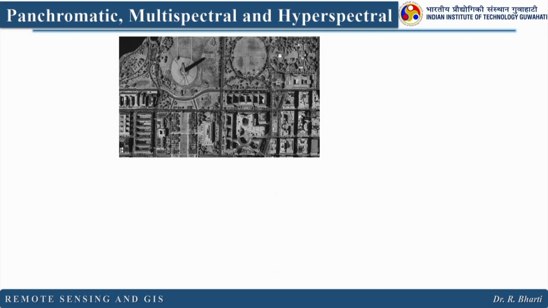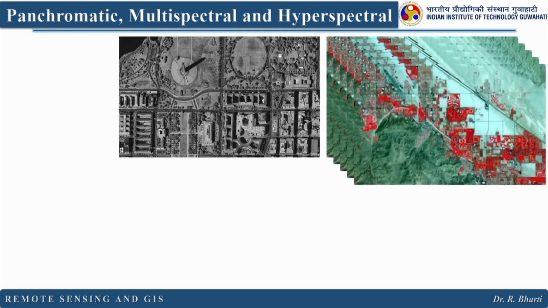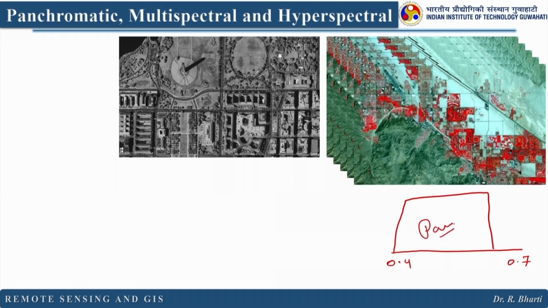This is one band image like our normal camera, but in case of multispectral, you have 4, 5 or 10 different bands. Whenever we say panchromatic, it may be 0.4 to 0.7, and this must be the range occupied to generate your panchromatic image.